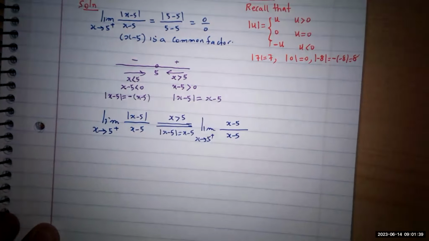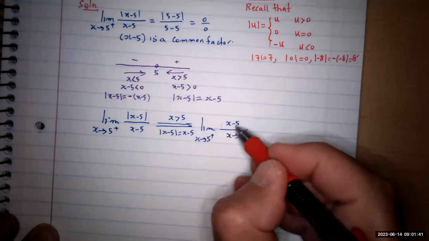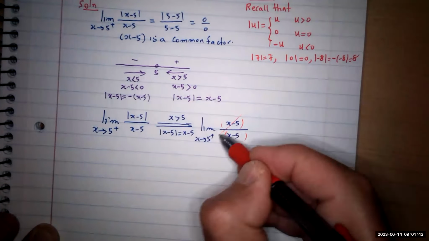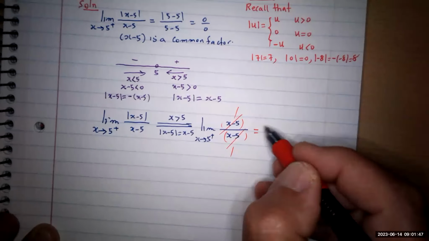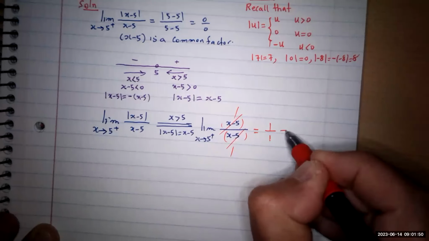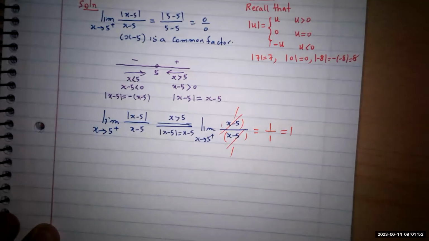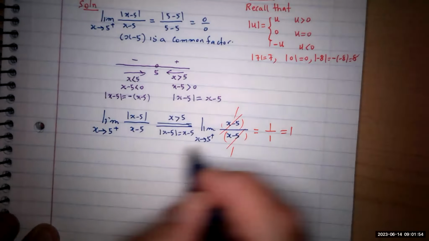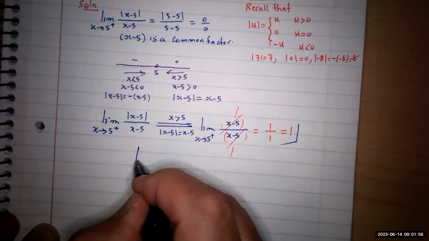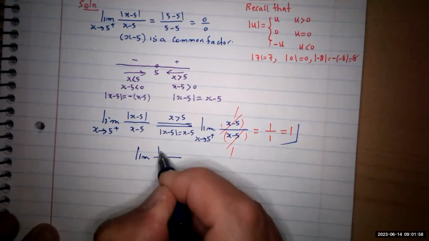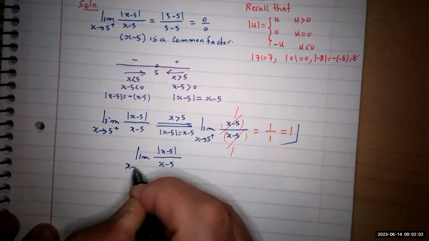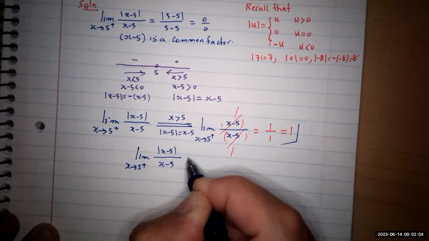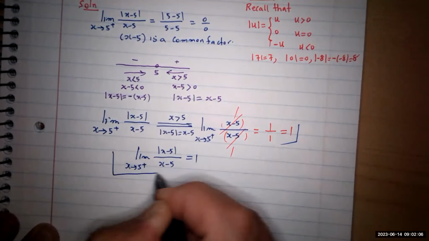You see, this is the common factor that you've been looking for. You divide, you get 1 over 1, which is equal to 1. So the limit is 1, and you're done.